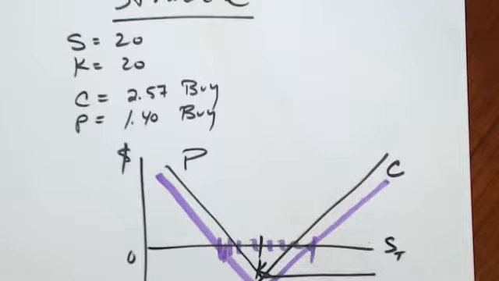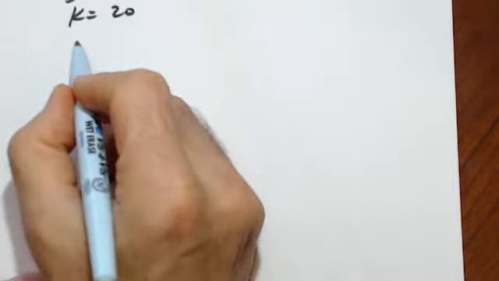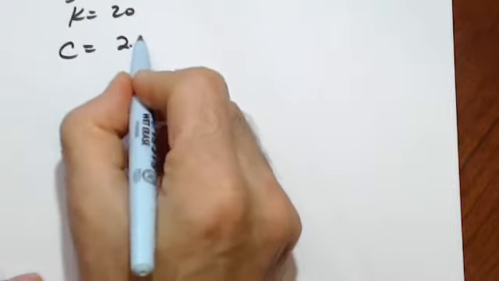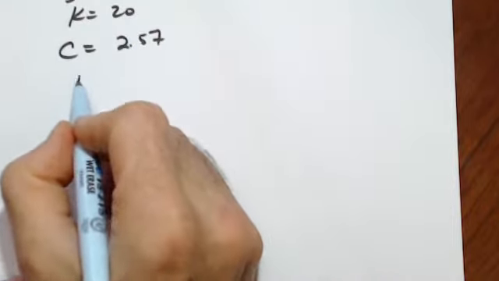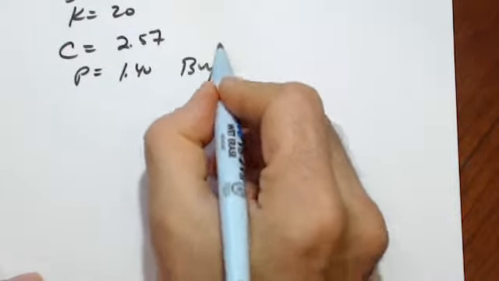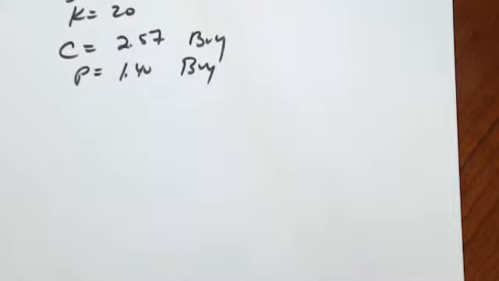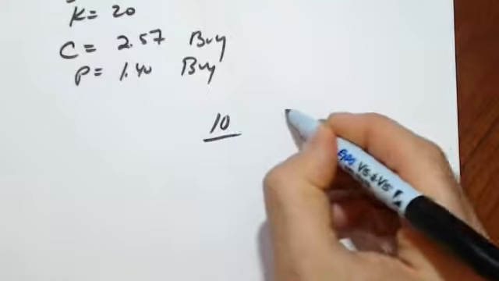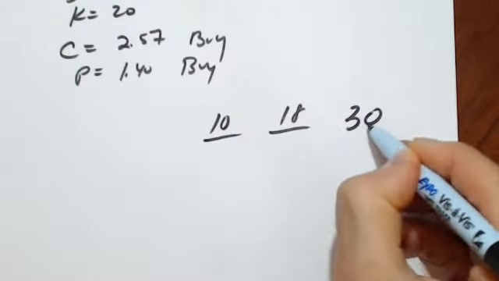Okay, let's go into this example, building a table now. Again, remember, S equals 20, K equals 20, C equals 2.57, P equals 1.40, and we're buying. Now let's run the following scenario. Let's say the stock is at 10, 18, and let's go all the way up to 30.